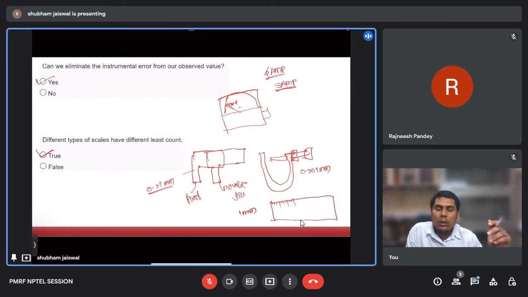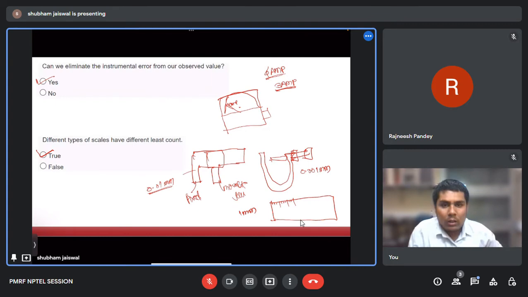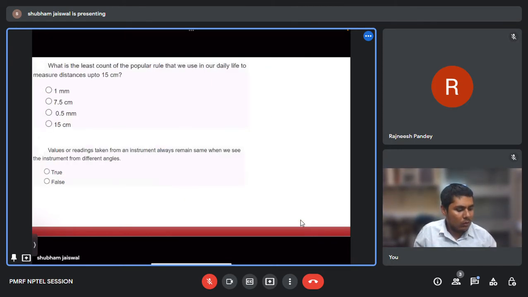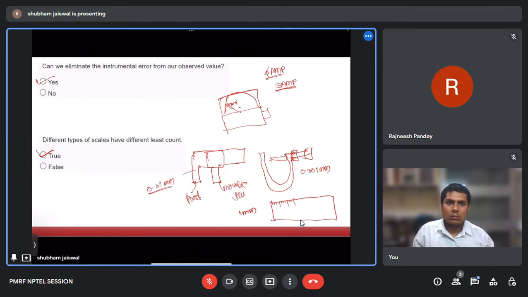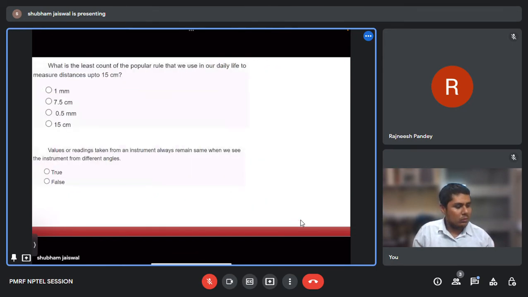Okay, let's go to the next question. The third question is: what is the least count of the ruler that we use in our daily life to measure distance up to 15 centimeter?